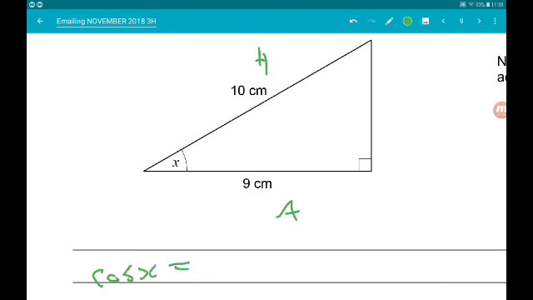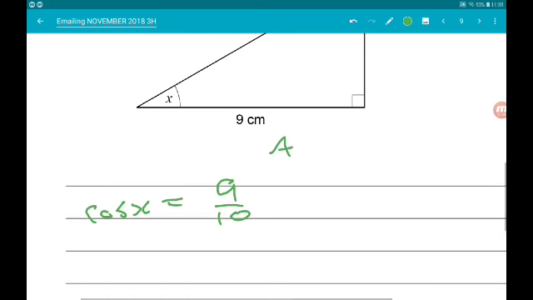is equal to the adjacent. So, 9 over the hypotenuse, 10. So, to get x out of the cos function, we inverse cos both sides.